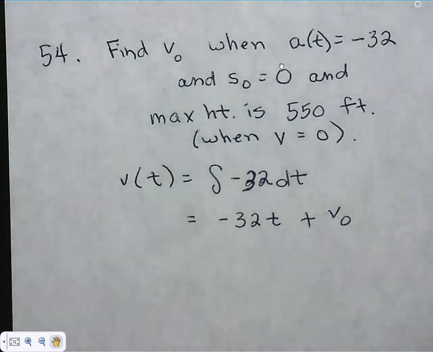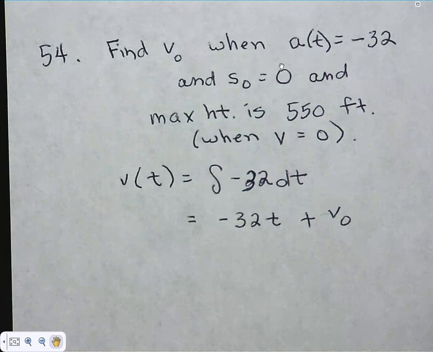Actually, I want to write down one thing before that, just to keep my stuff organized. I'm going to have to find where that velocity is 0. I could set that equal to 0, but the best I can do is solve it for t, and t is still going to have v sub 0 in it.